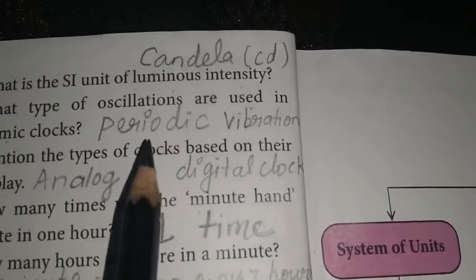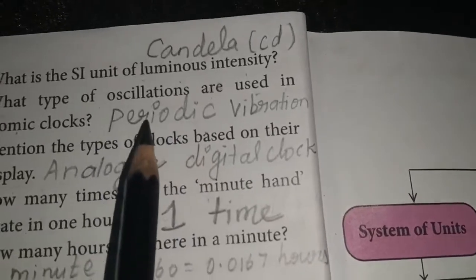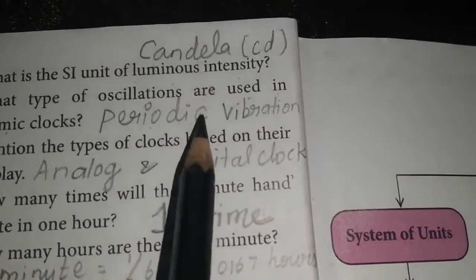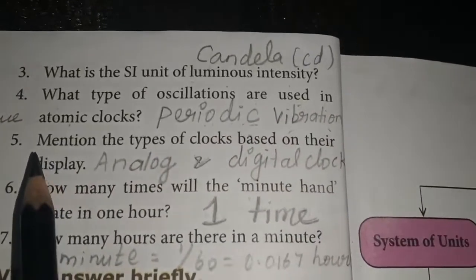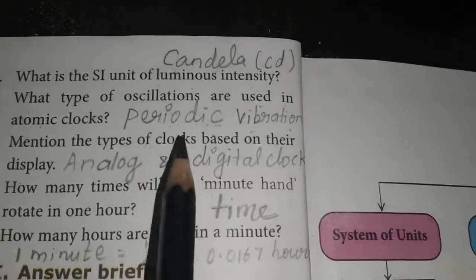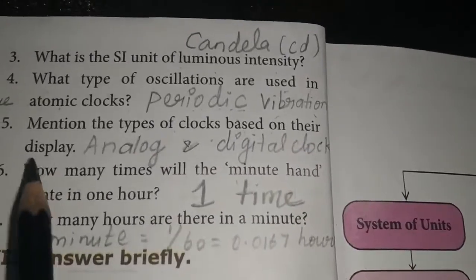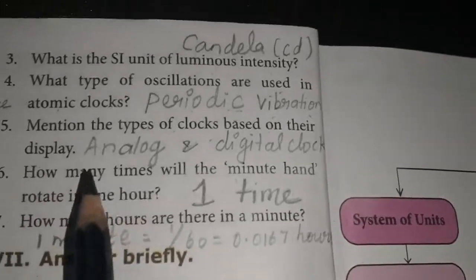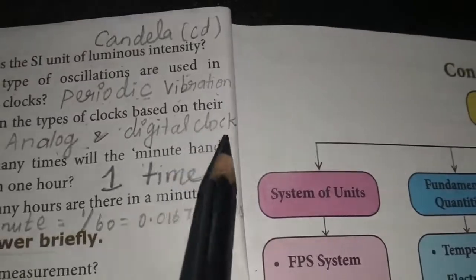Answer is periodic vibration. And then question number 5. Mention the types of clocks based on their display. Answer is analog clock and digital clock.